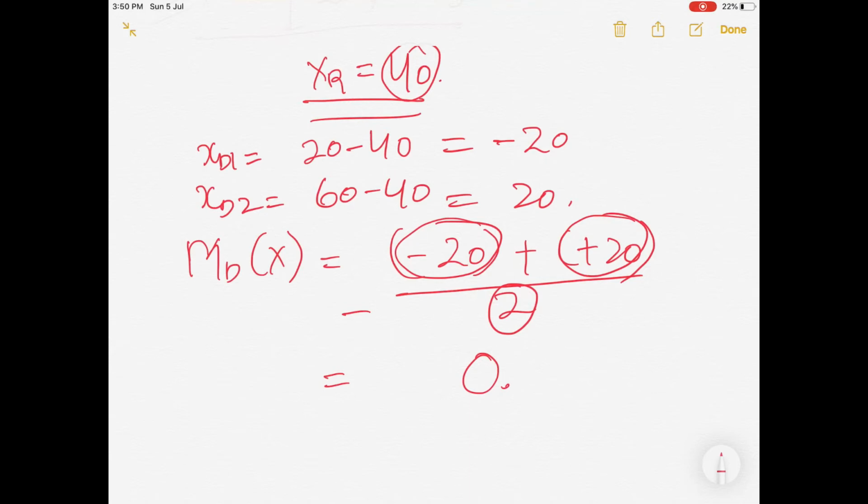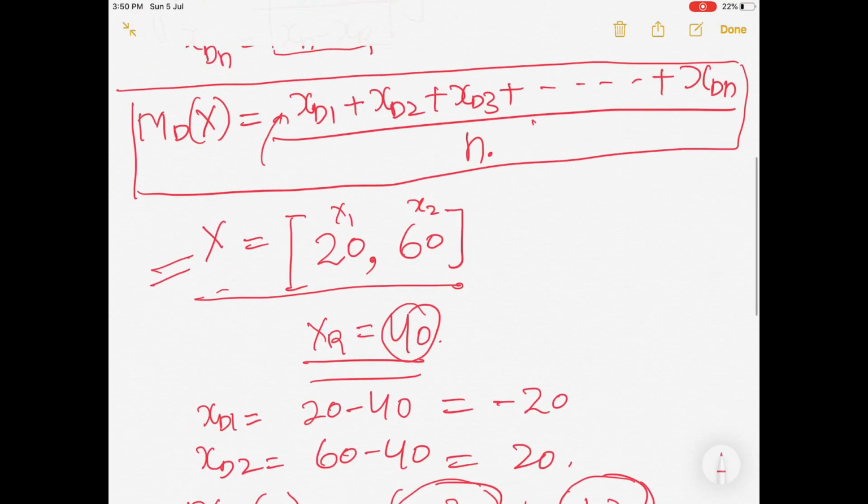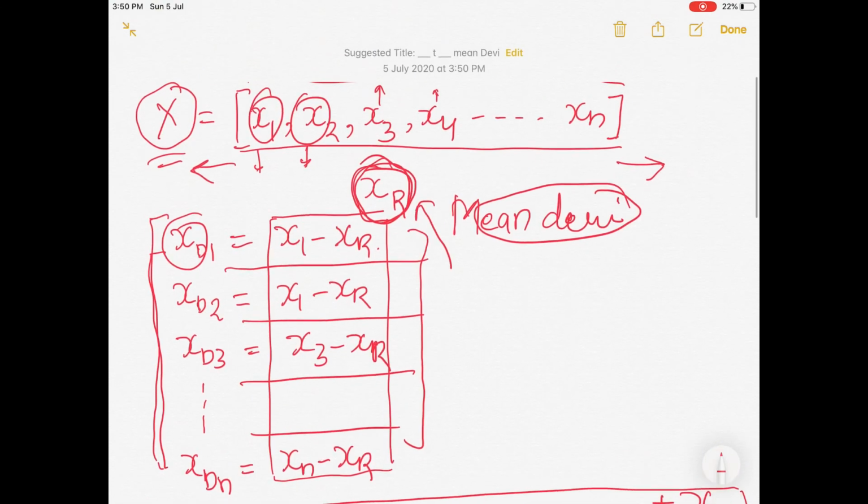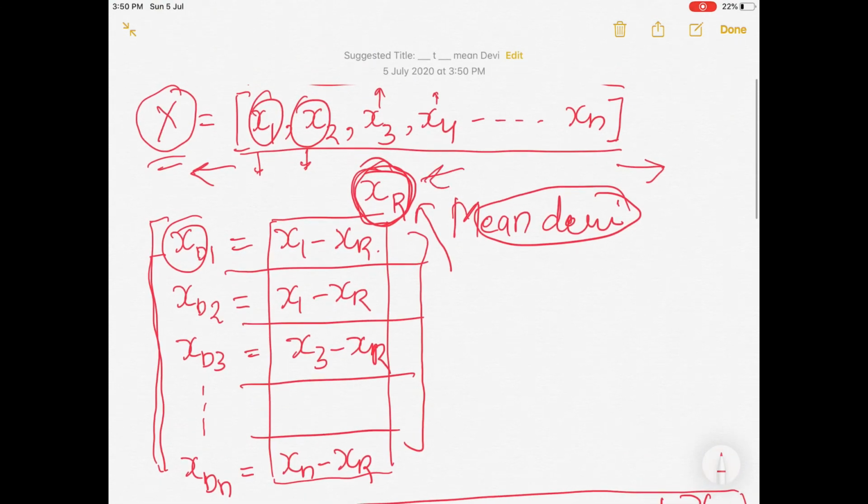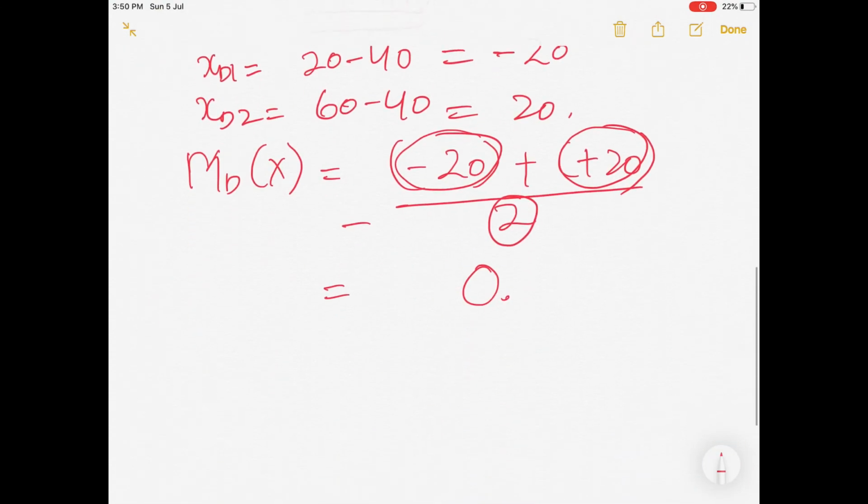If the selected point about which we are calculating the mean deviation gives us equal values of negative and positive inside the data set, then we will get a confusing value of mean deviation. This is not working for us. This is not giving us any information about the data. So how do we get rid of this problem?